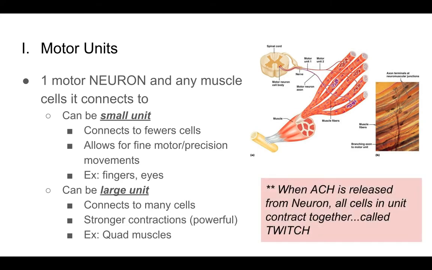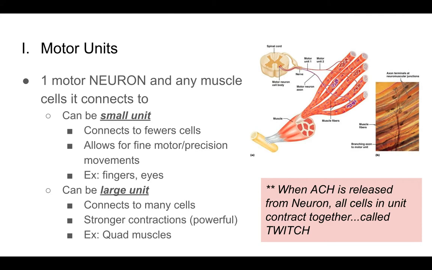Now, it's important that we make sure that we understand when ACH, which is the neurotransmitter that the nerve is going to release, when ACH is released from the neuron, all of the cells that neuron is connected to will contract together at the same time. And that is called a twitch. And so a muscle twitch is a vocab component that we need to carry forward into the next section of our notes.